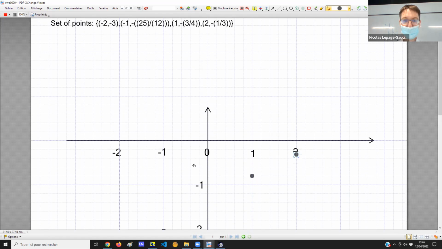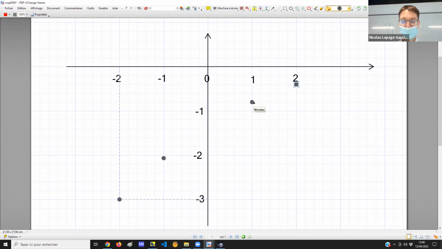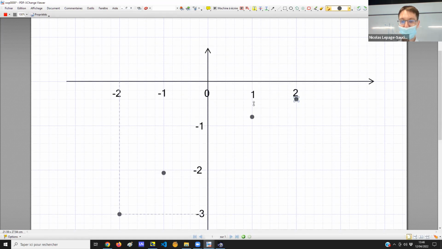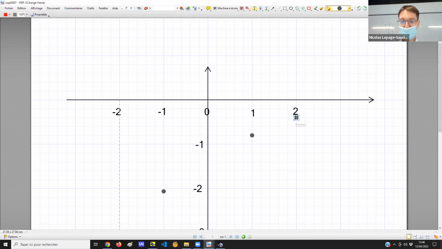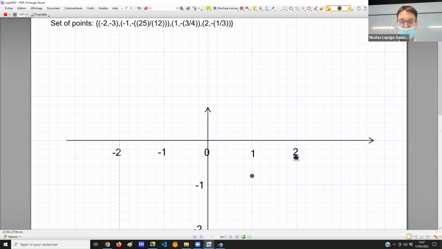And so that's an inflection point, and that's an inflection point. What was that one? Oh yeah, that's just an extra point. So I hope I'm okay. So this is an inflection point.